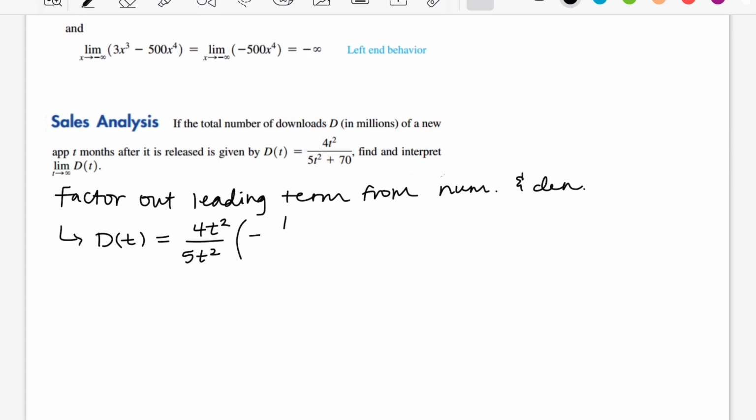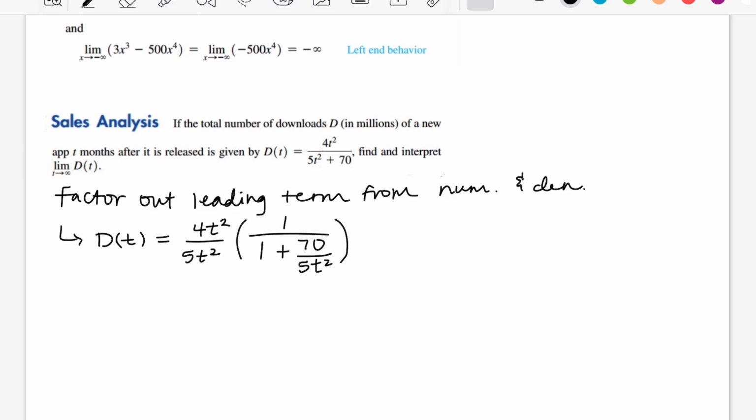So we're just ending up with 1 on the top. Then this needs to be distributed to our numerator, so that's just going to be a 1 there. 5t squared times 1 is just 5t squared, which is what we started with. And pulling out a 5t squared from this constant 70 here, we get 70 over 5t squared. And if we were to multiply this back out to each term, we would get our original denominator.